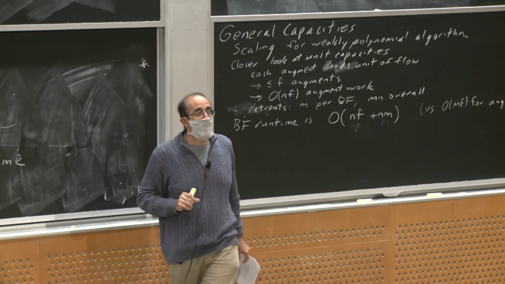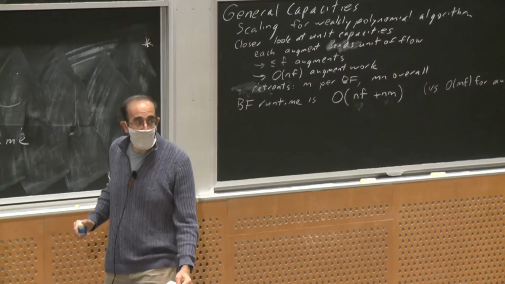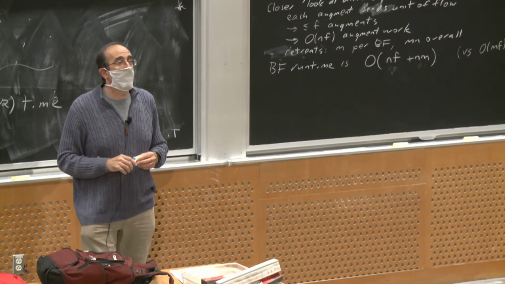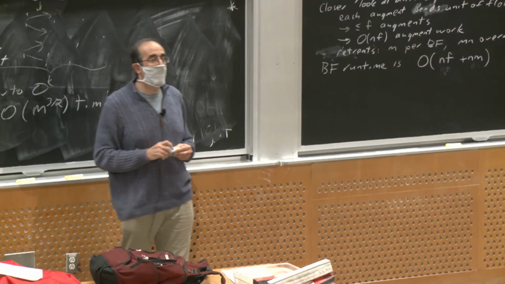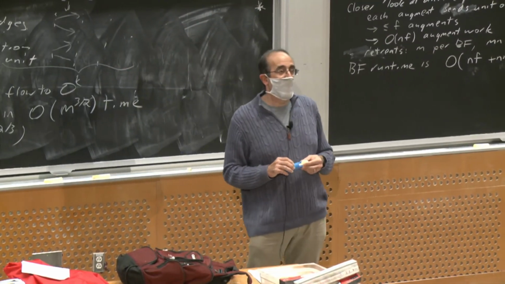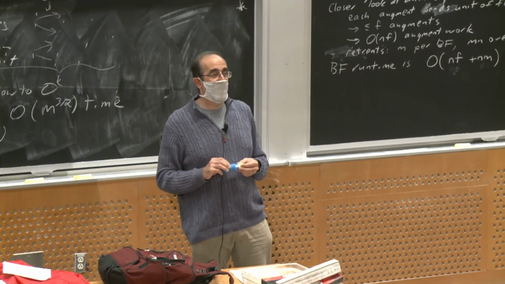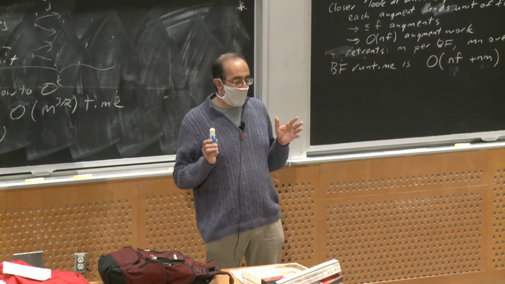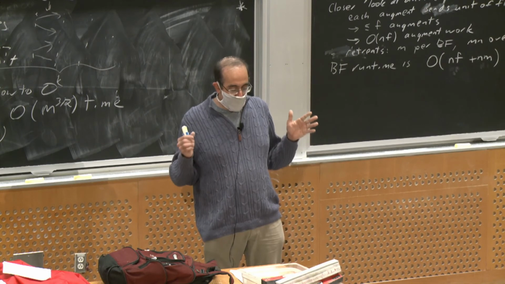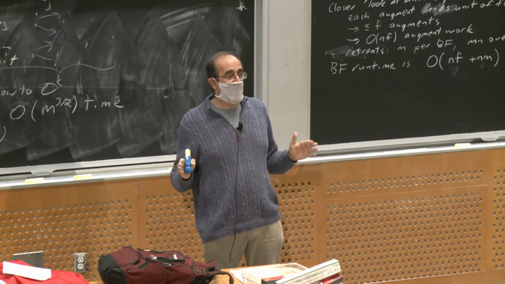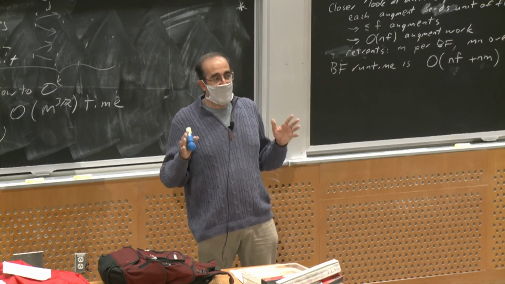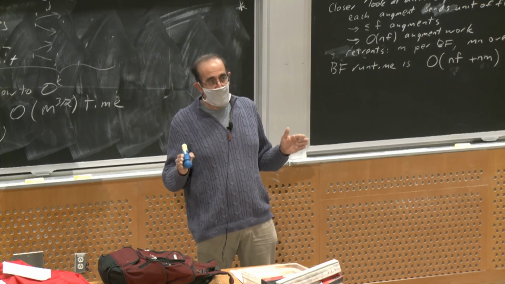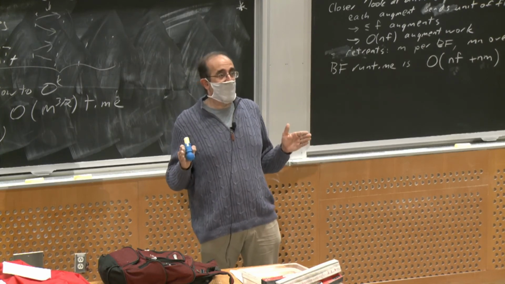Yes? Can you retreat in the capacitated graph? Because, at least in scaling, some edge may just suddenly appear. Yes. So again, the argument about the time for a blocking flow is an argument that we apply to each phase of the scaling algorithm separately.